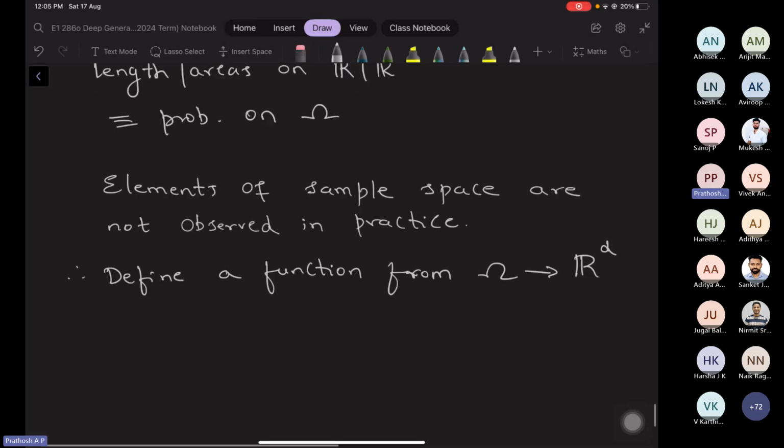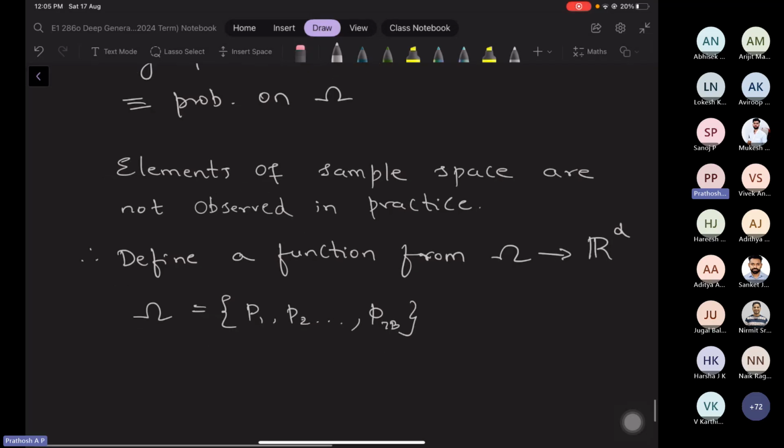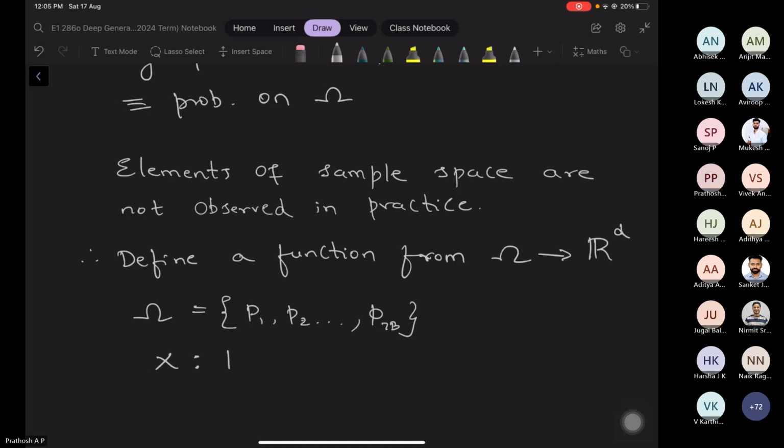So what we are doing here is, let's say that your sample space is all persons, or rather you're doing a random experiment where you are looking at all people, that's your sample space. Now I define a function, x, that will take a person, or rather take an element from the sample space which is a person, and map it to some d-dimensional real number.